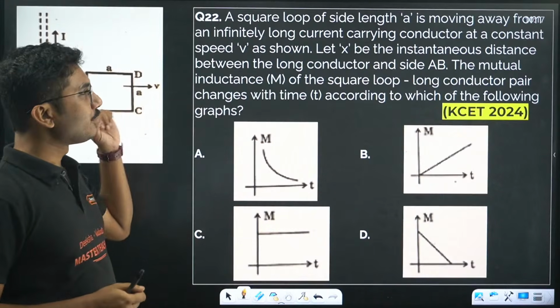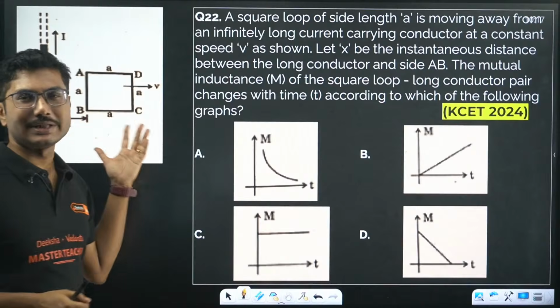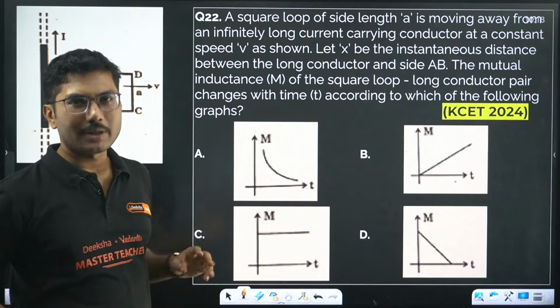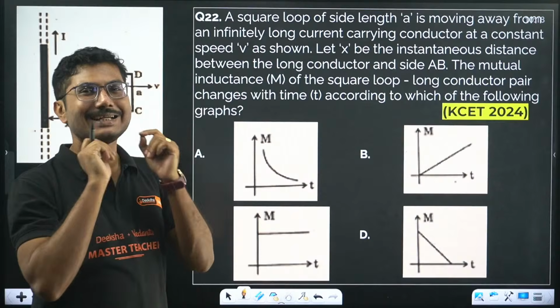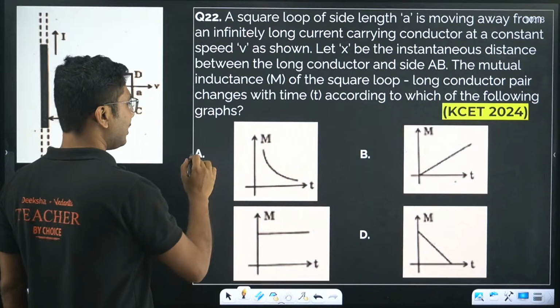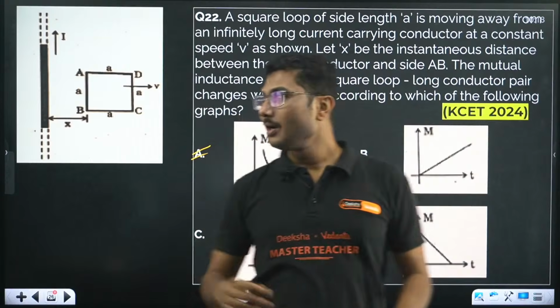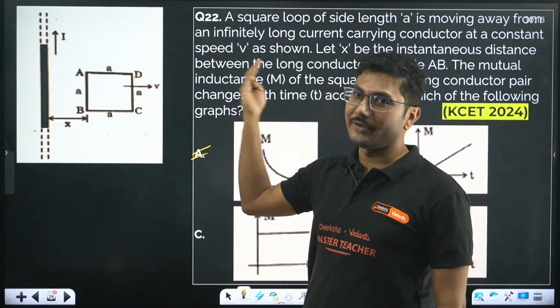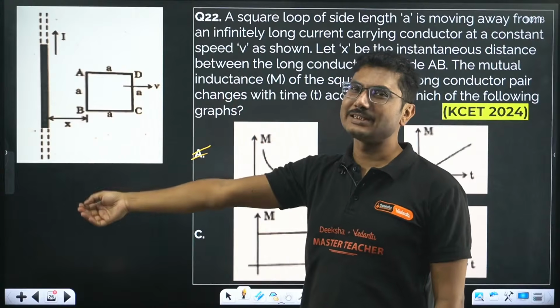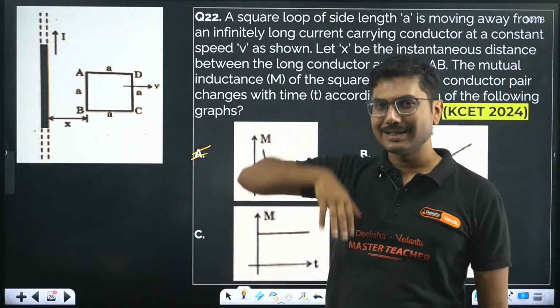So mutual inductance, now you can calculate that. Basically, this is a complicated calculation, but you should remember one thing, that KCET loves a particular graph pattern, that is this. As the loop moves slowly away, obviously distance increases, and because distance increases, the mutual inductance decreases.